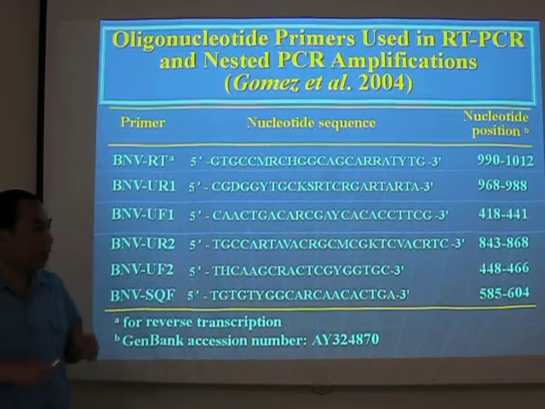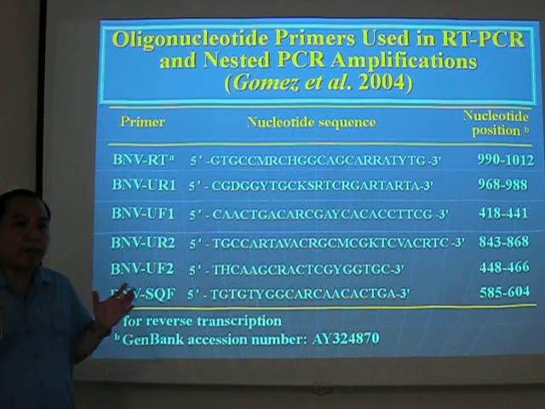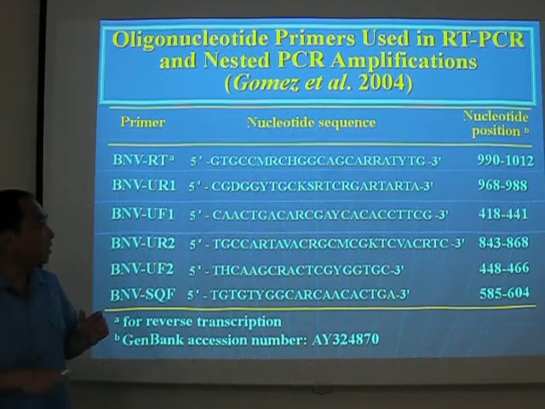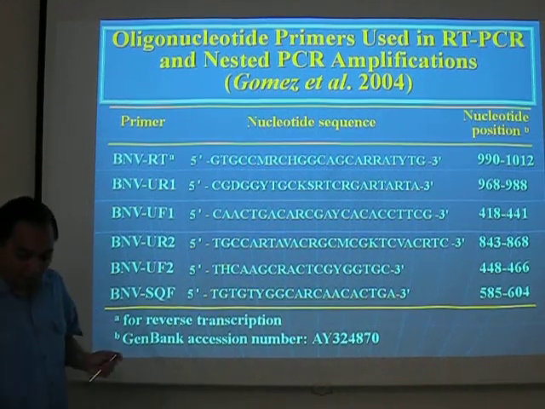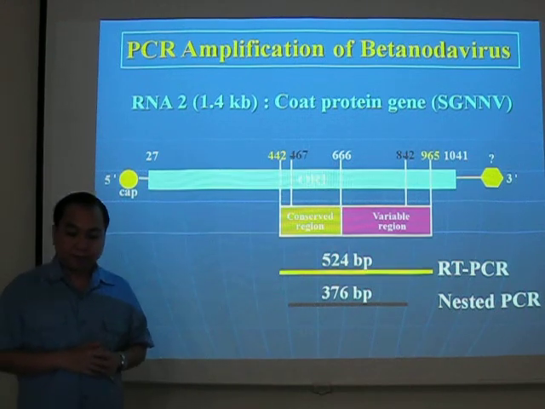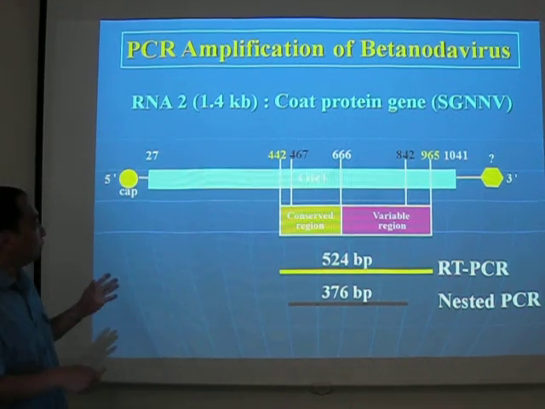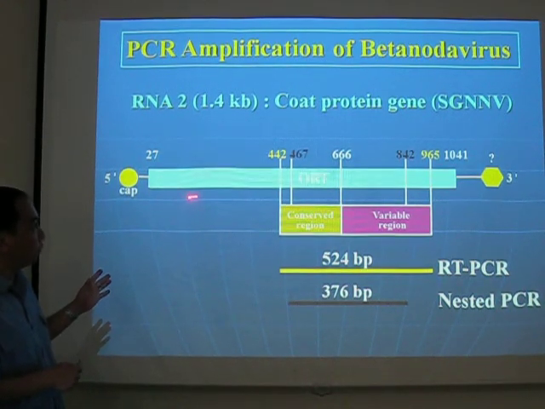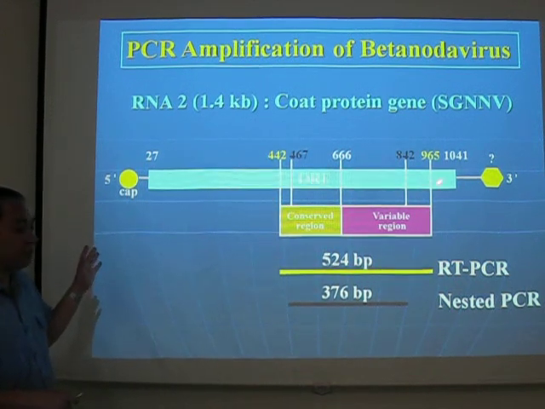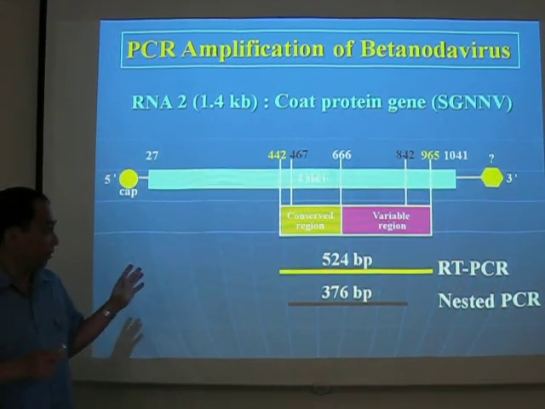But before that, we also have to design primers specific for RT-PCR and nested PCR. How do we design a primer? Primers are usually designed based on the coat protein gene, or the RNA2, of the nodovirus.